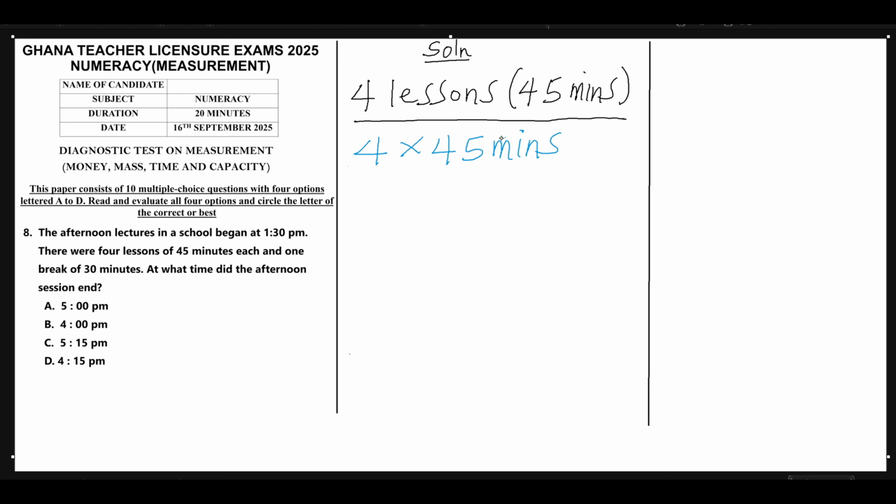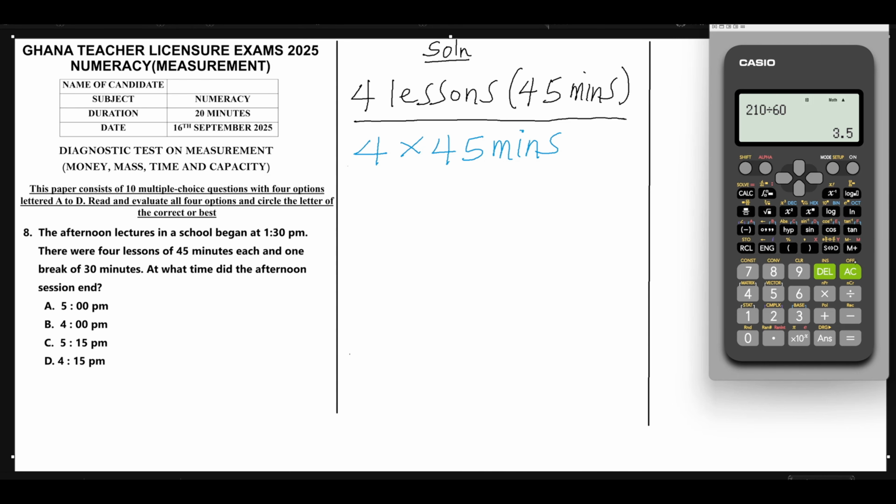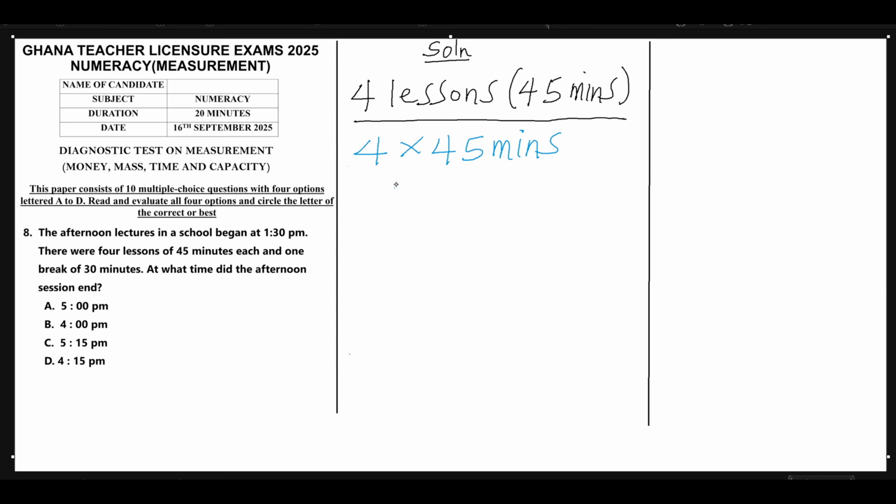And then 4 multiplied by 45 minutes, we have 180 minutes.